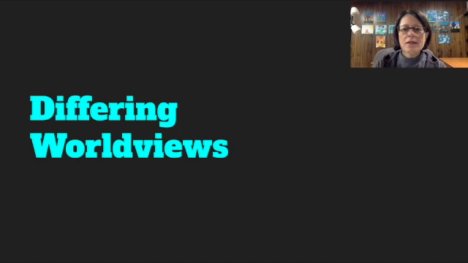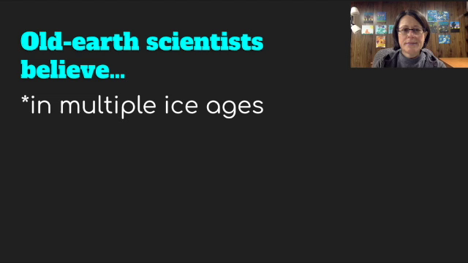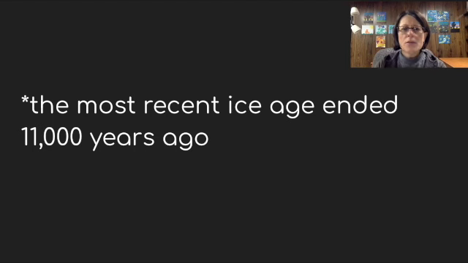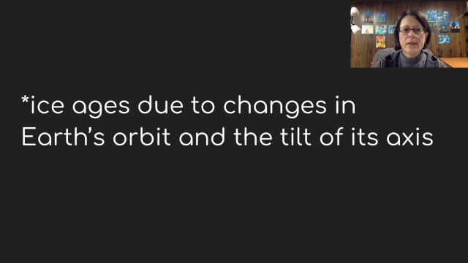Now, there are differing world views about the glaciers in our area. The first is the old Earth scientists' beliefs, and they believe in multiple ice ages, four and possibly more ice ages. The most recent ice age, they say, ended 11,000 years ago. And the ice ages were due to changes in Earth's orbit and the tilt of its axis. So that's the old Earth view.